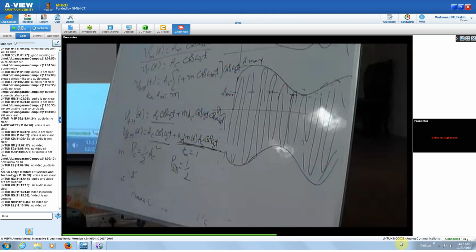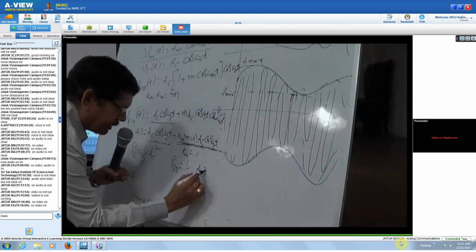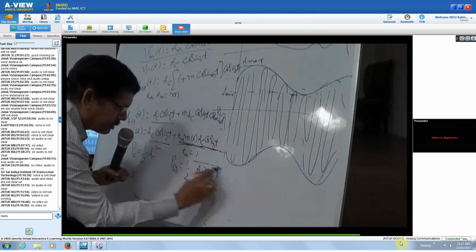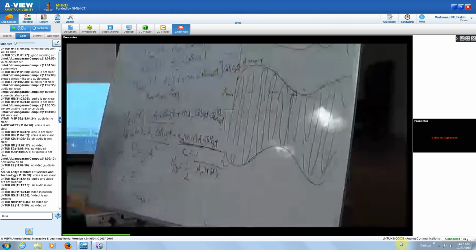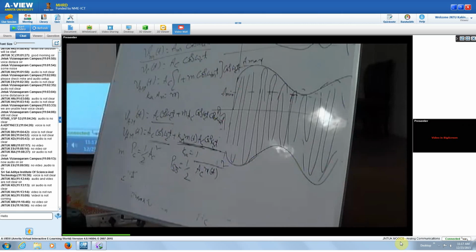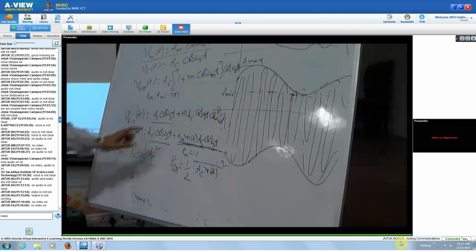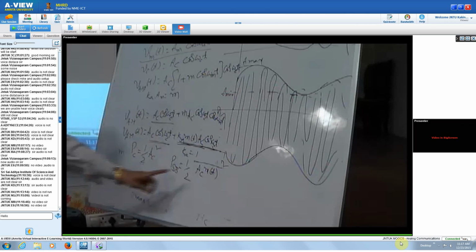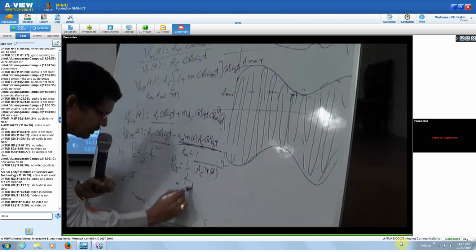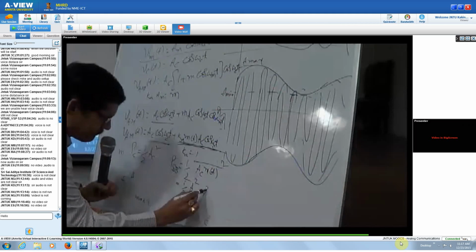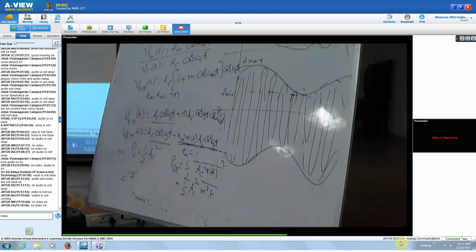Here we have A_C square average, and now we have A_C m of t whole square, the average power. Or this we can write as 1 by 2 A_C square m square of t average.